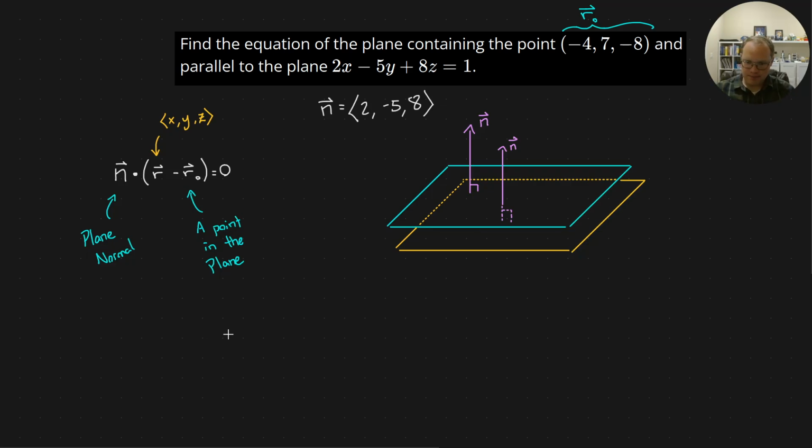Now just plug in. Okay, so I'm going to plug in my normal vector 2, -5, 8, dotted with r, my variable vector, that's x, y, z, minus a point in the plane, and I have one right there, -4, 7, -8.